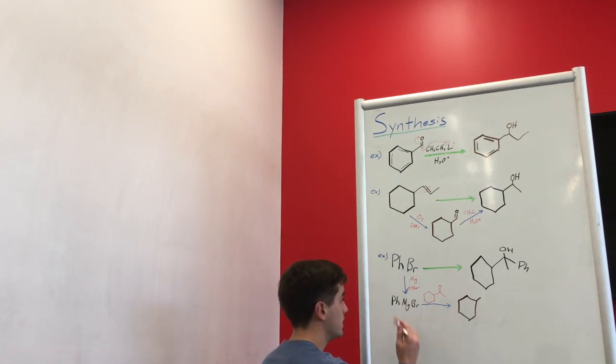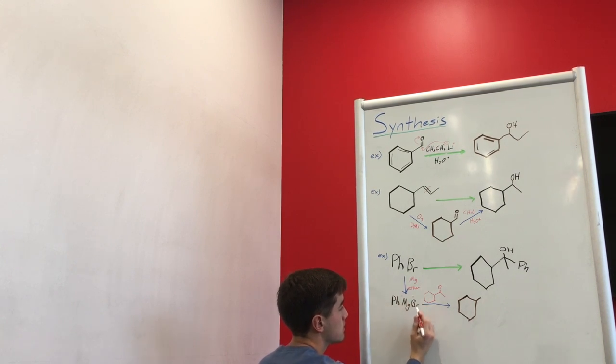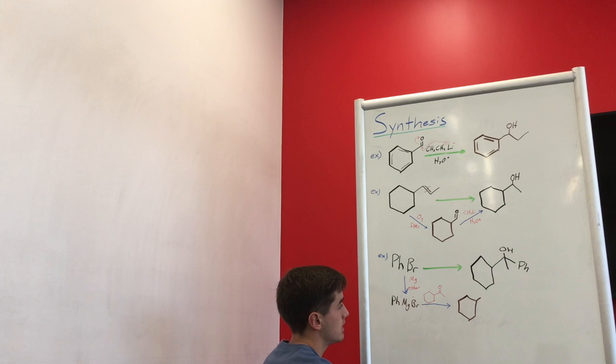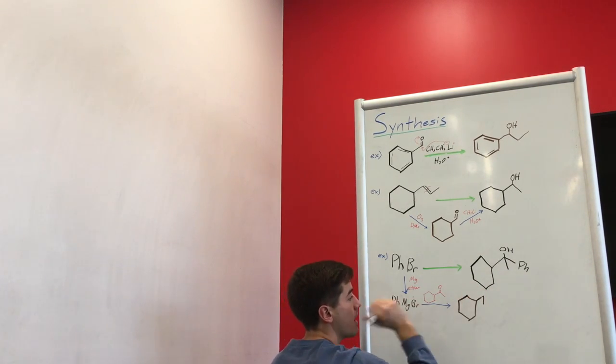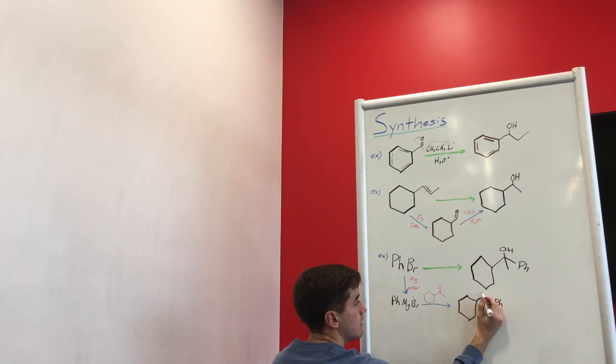So this phenyl group will have a negative charge, like up here. This will get a positive charge, and it will attack right here at this C double bond O. So you have what you reacted it with still, and then you also add on this phenyl group, and that double bond O will turn into an OH.